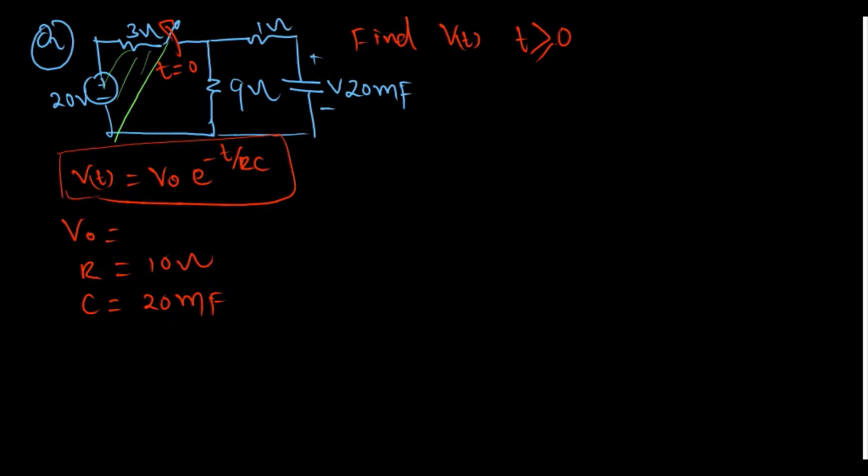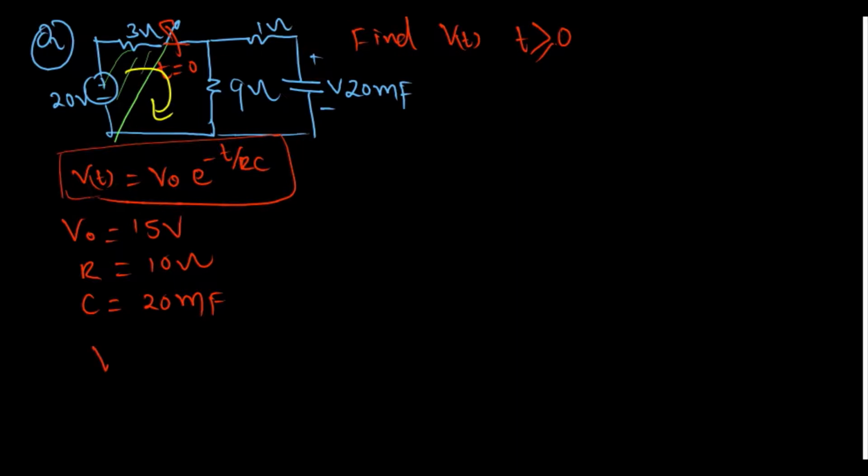We know that at t is equal to 0, the switch has been closed, which means current flows through this mesh. When we use mesh analysis, we find that this has 4 volts and this has 15 volts. So V naught is equal to 15 volts.